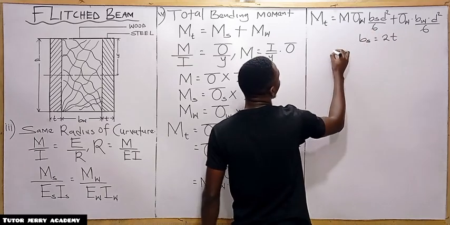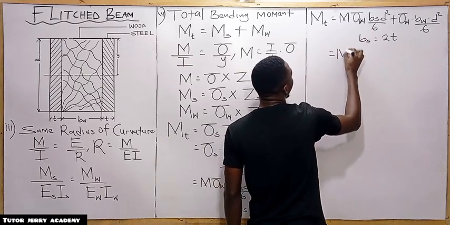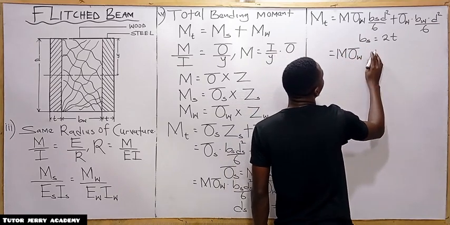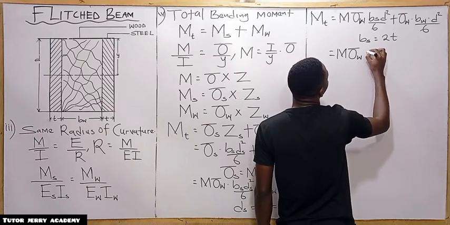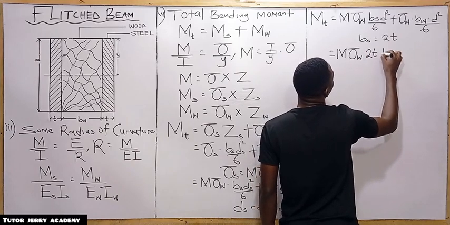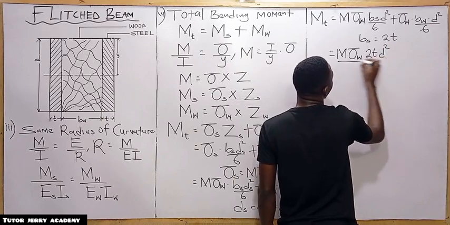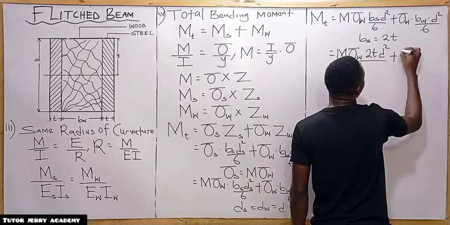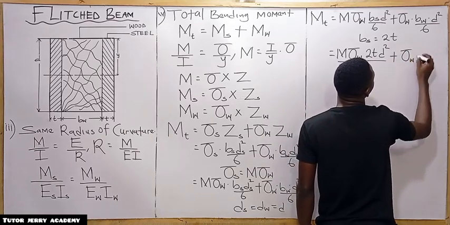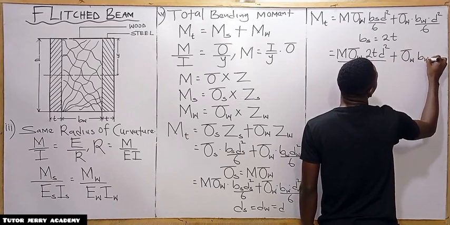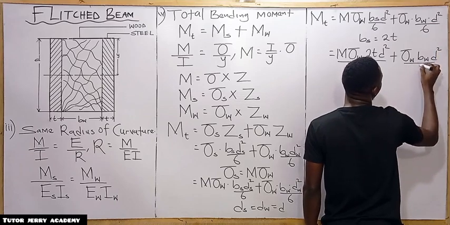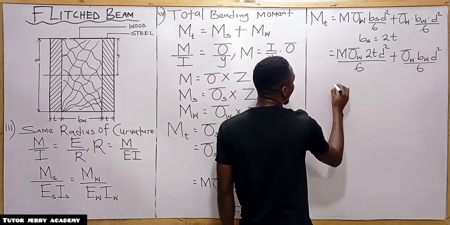If we substitute that here, we are going to have M multiplied by the stress of the wood, then 2T here, then the depth, everything over 6, plus the stress of the wood, then the base of the wood, then the depth to the power of 2, everything over 6.